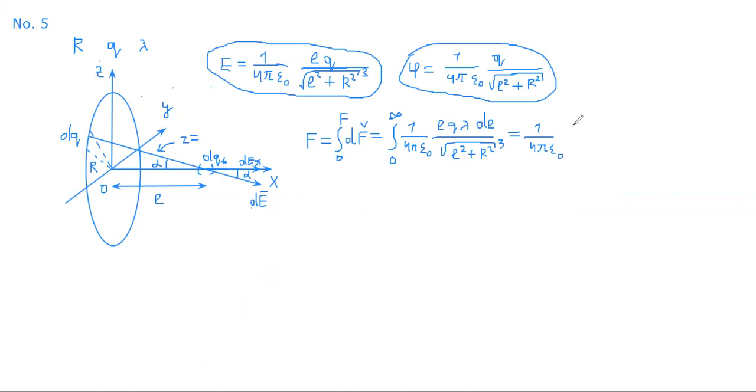Here we have q λ, integral from 0 to infinity, dL divided by L over (L squared plus R squared).